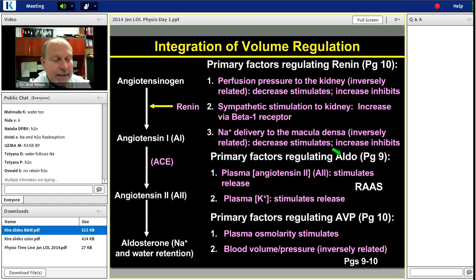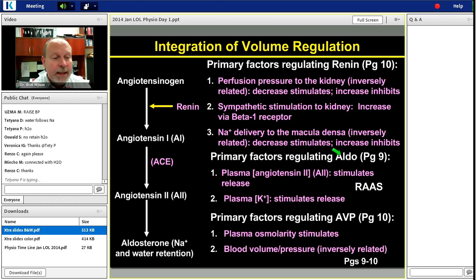You know what? I'm going to say this many times. We regulate sodium to regulate volume. Aldosterone causes sodium retention for volume regulation.